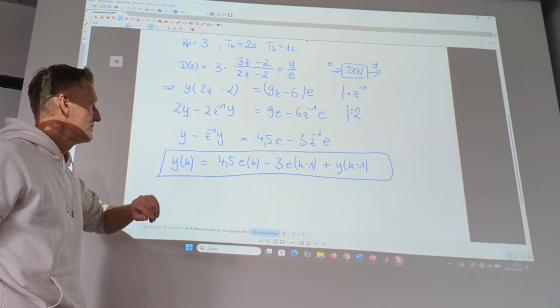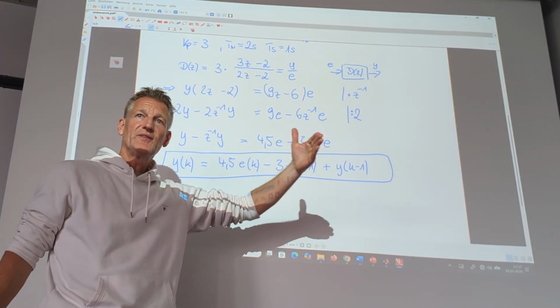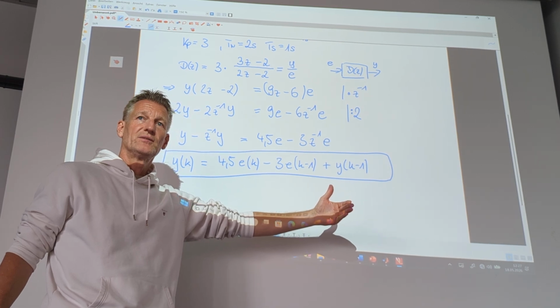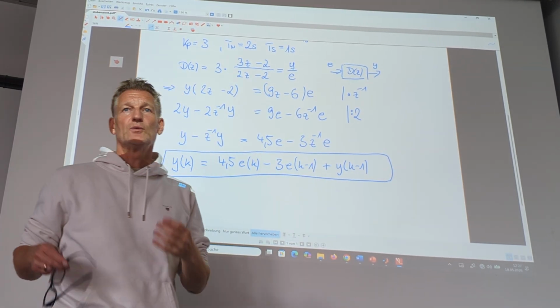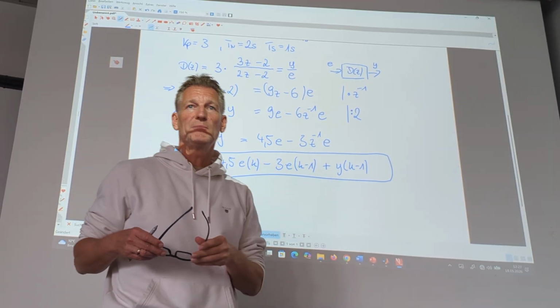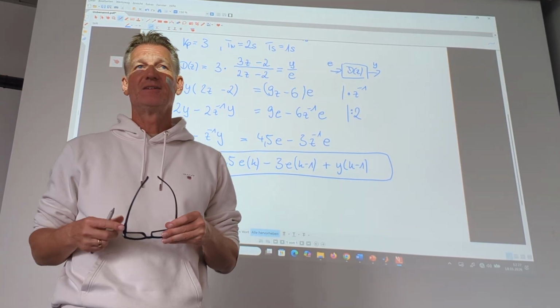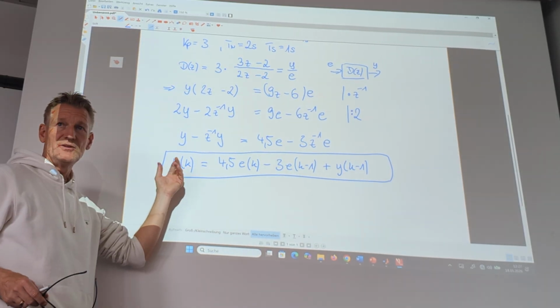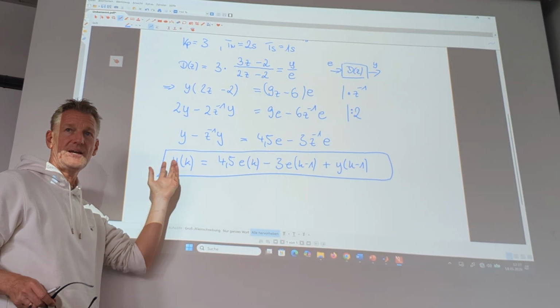So minus 1 means one step into the past. The same here. So y of k minus 1 means that k minus 1 times the sample time ts. K is the newest value that you calculate, in this case yk.